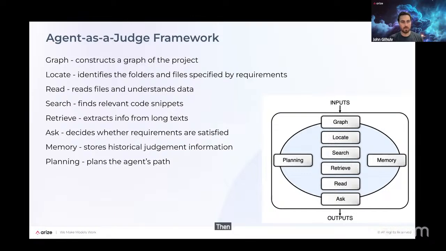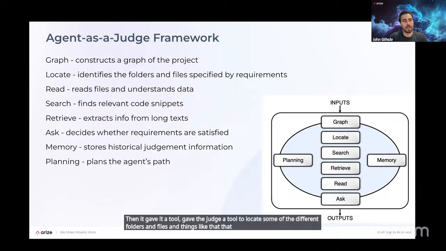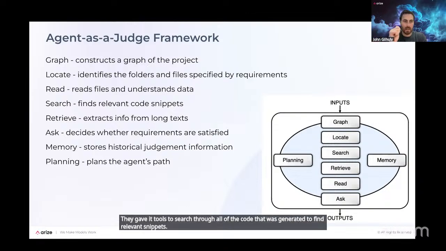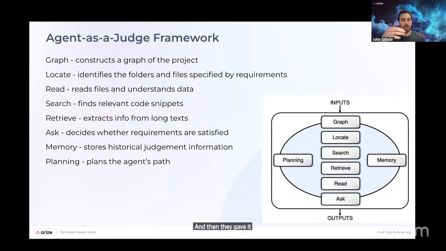Then they gave the judge a tool to locate some of the different folders and files that were generated. They also gave it one tool to read the files and understand the data. They gave it tools to search through all of the code that was generated to find relevant snippets. And then they gave it another tool to actually retrieve info from long segments of text.